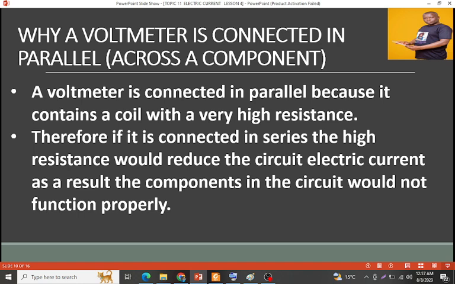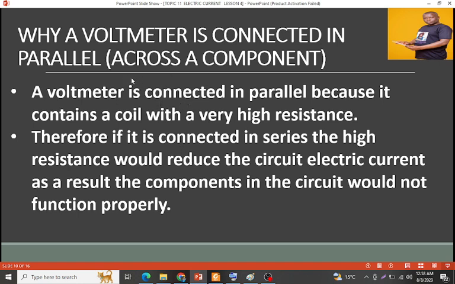or it can be a lamp or bulb. Just think about anything that consumes electricity. So you can connect a voltmeter across that in order to measure the voltage dropped at that component. So this is an exam question, 2 marks.